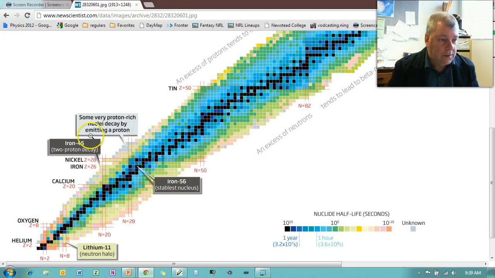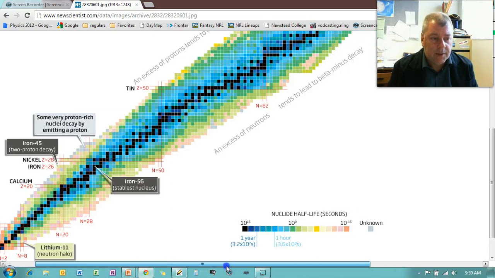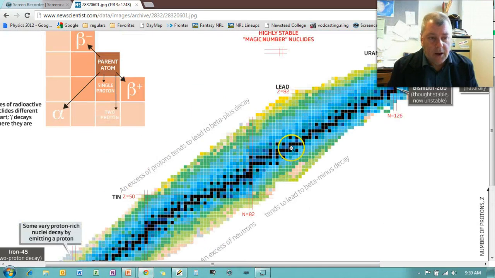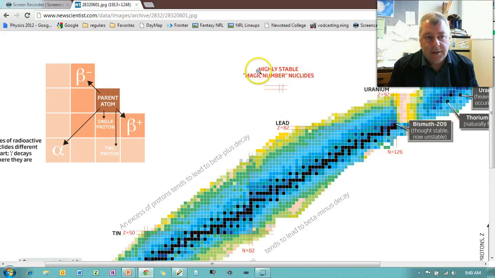Now if we zoom in on the lower bit here, we start with hydrogen and helium. The thing I wanted to point out here was there are things called magic numbers. So you may think that only the elements in the black are stable. However, there are these things called highly stable magic number nuclides, and that's where these red lines cross.